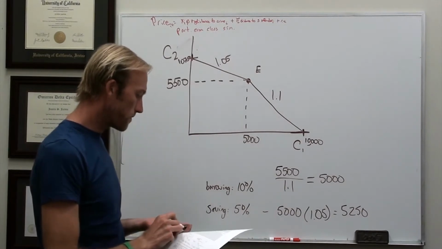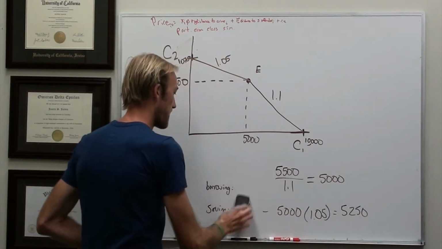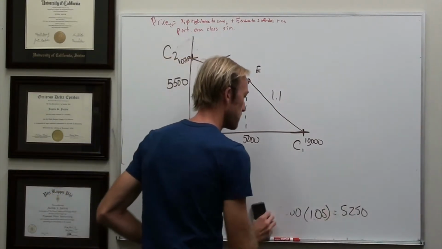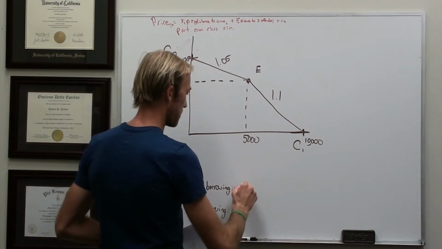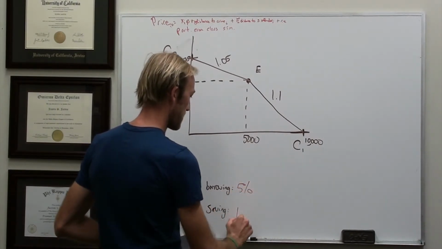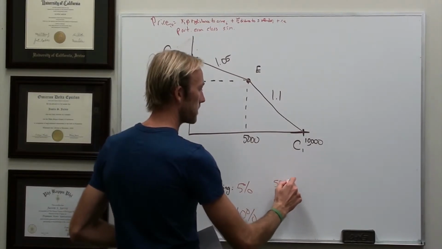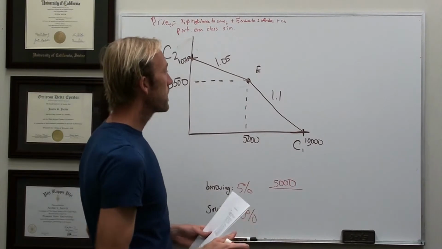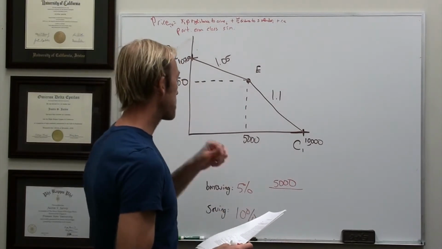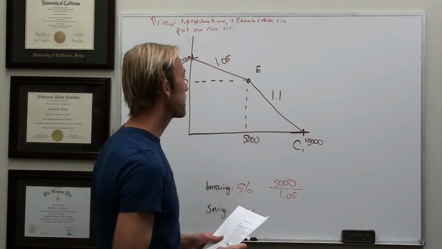Now, in part B, what happens? Let me use a different color. The interest rates get turned around. So I have a 5% borrowing rate and a 10% savings rate. That means the maximum amount the bank will loan me, I still have the same endowment point, by the way, is 5,000 divided by 1.05, okay?